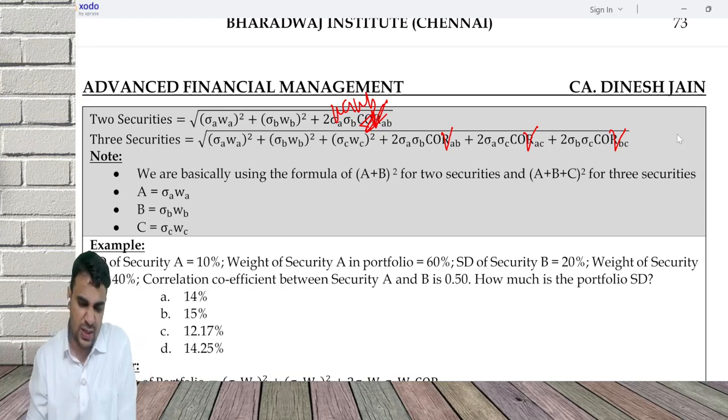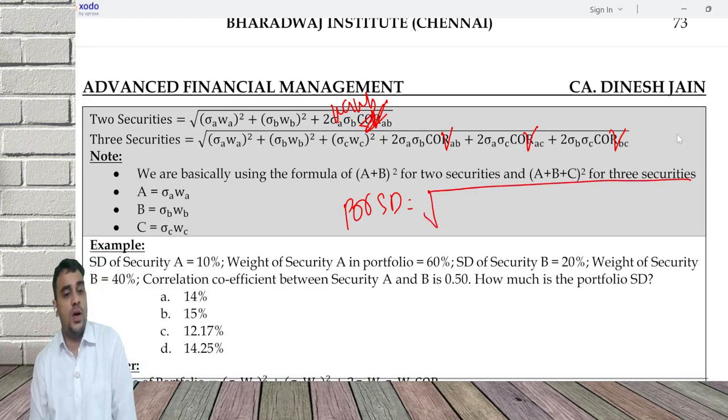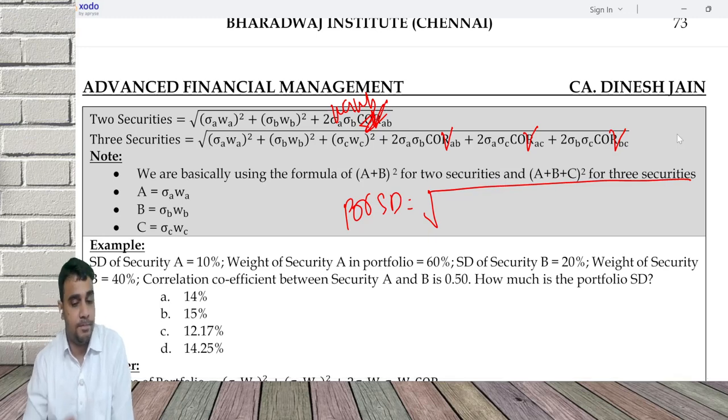Okay, let's look at this question. Portfolio SD is equal to, what is the standard deviation of the first security? 10%.